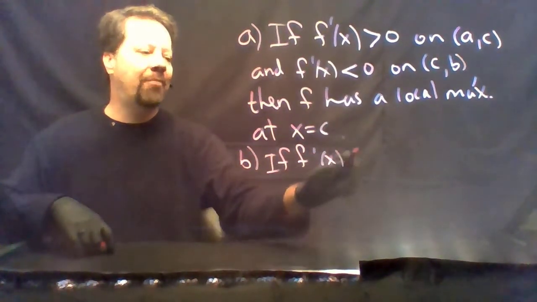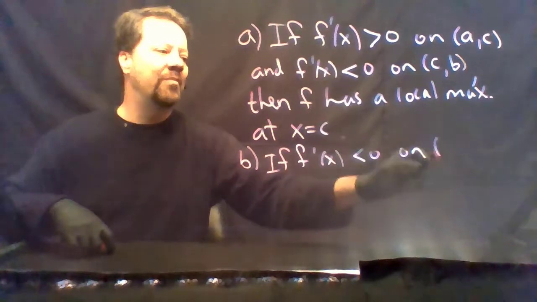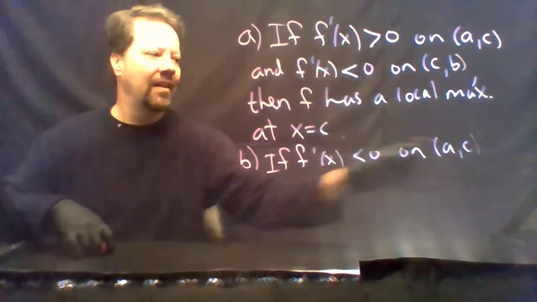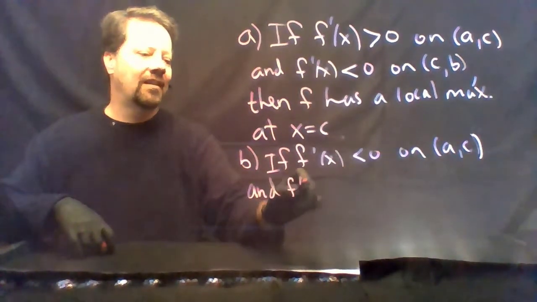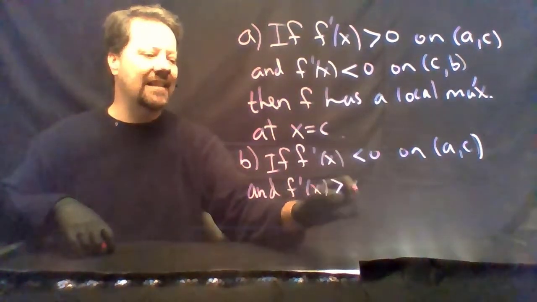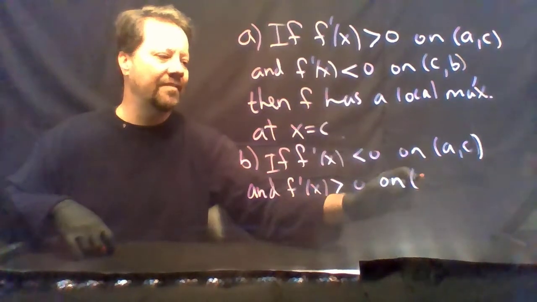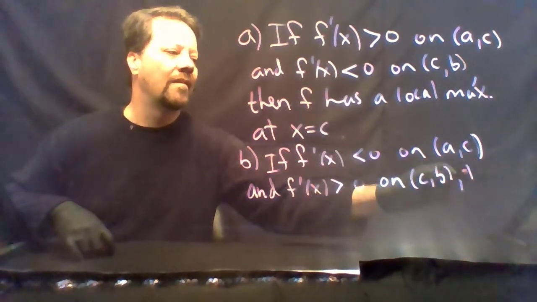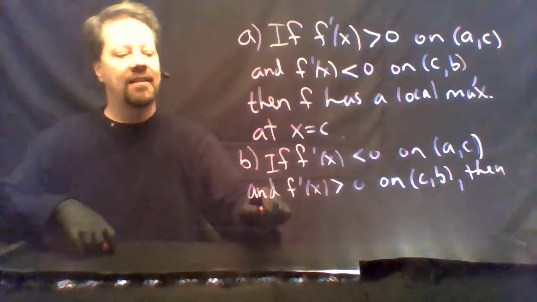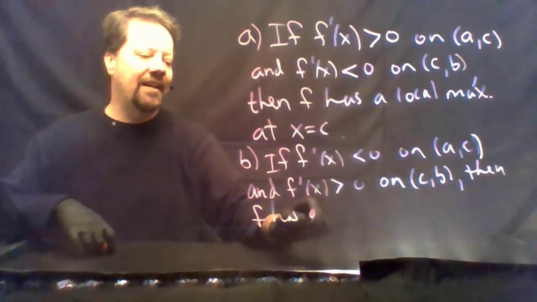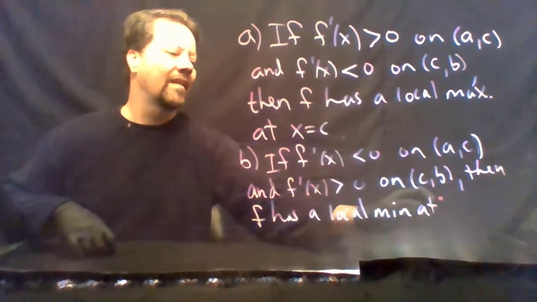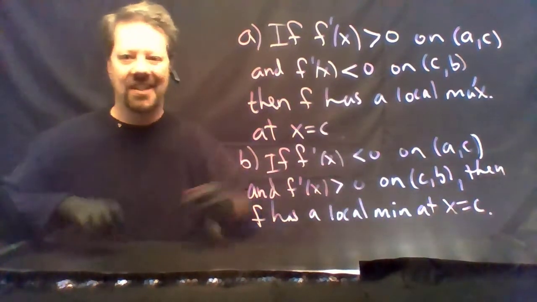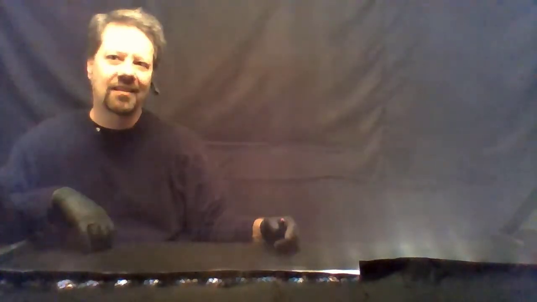Alternatively, if f prime is negative before you get to c, and f prime is positive after c, then f has a local min at x equals c. There is one more case to consider.